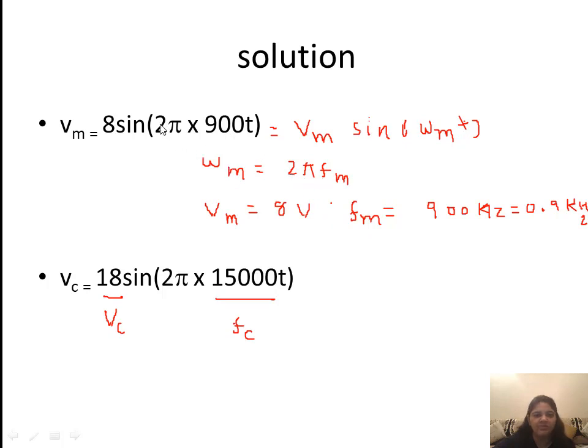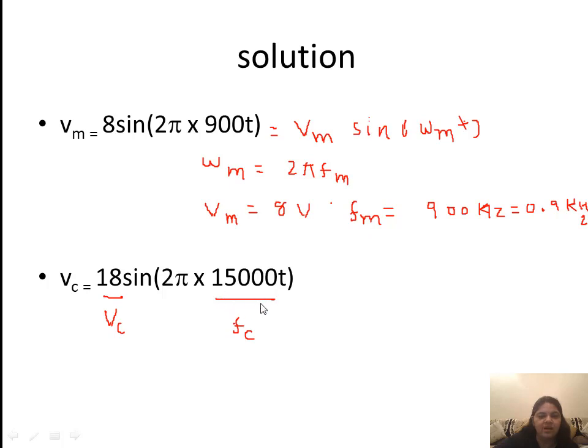Fm is equal to 900 Hertz, which is 0.9 kilohertz. Similarly, capital Vc is the maximum amplitude of the carrier signal, sine 2 pi into 15,000. So Fc, the carrier frequency, is 15 kilohertz, and the amplitude is 18.